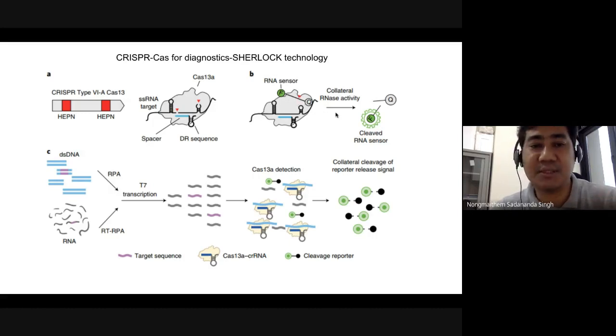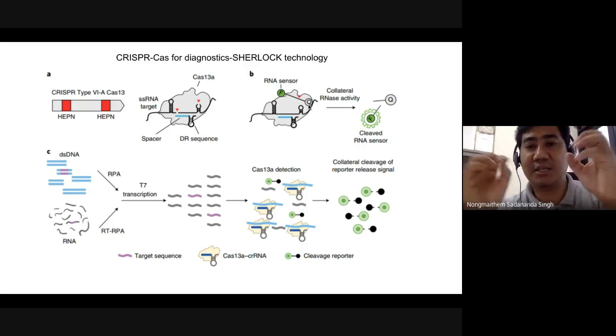So what does it mean is that you can use this as a diagnostic tool. For example, here, what people have done is that you have an RNA, both the ends are tagged with something. One is the fluorescent marker at one side, and another side is the quencher.